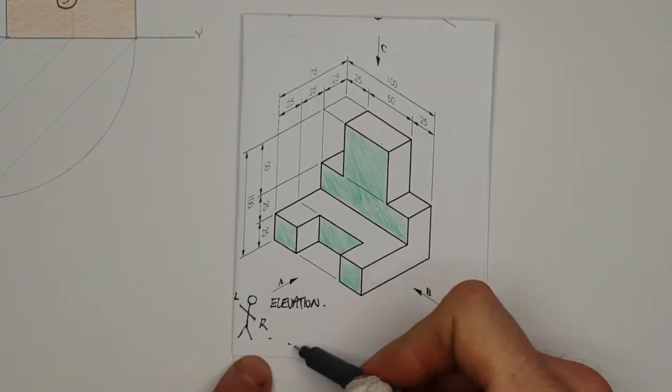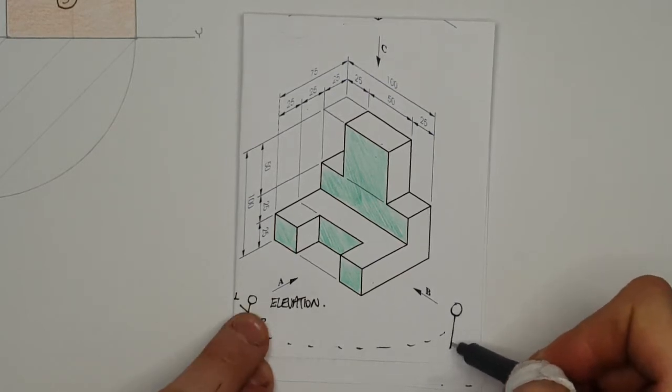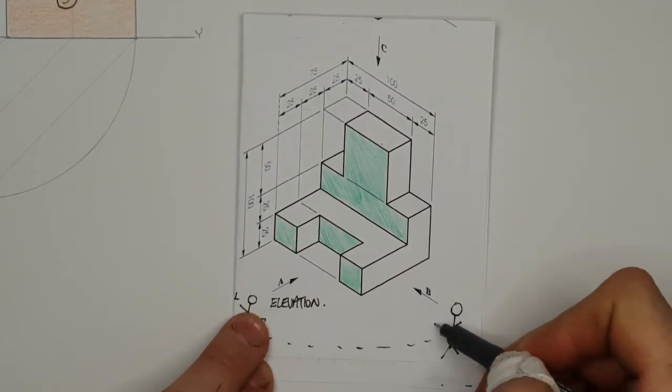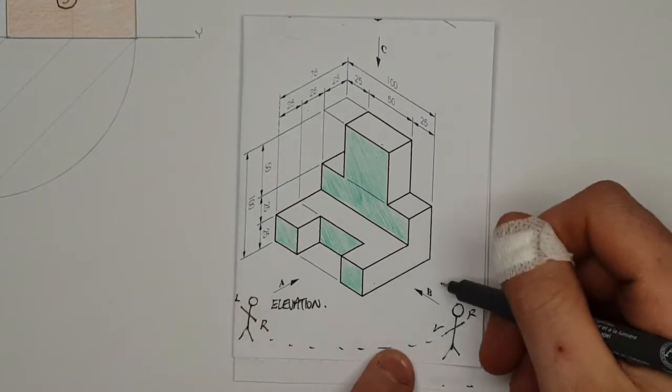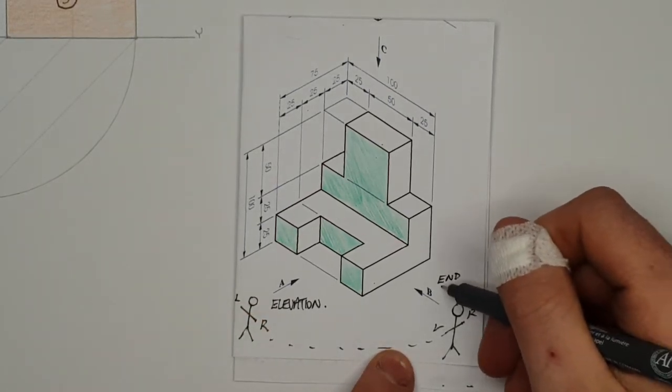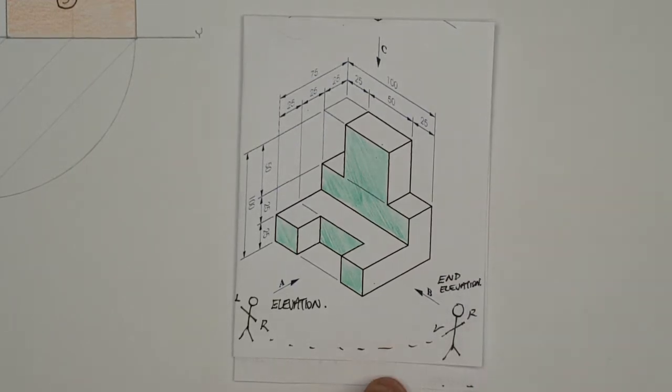Moving around to B, there's my left and my right again, and this is our end elevation. What can I see?